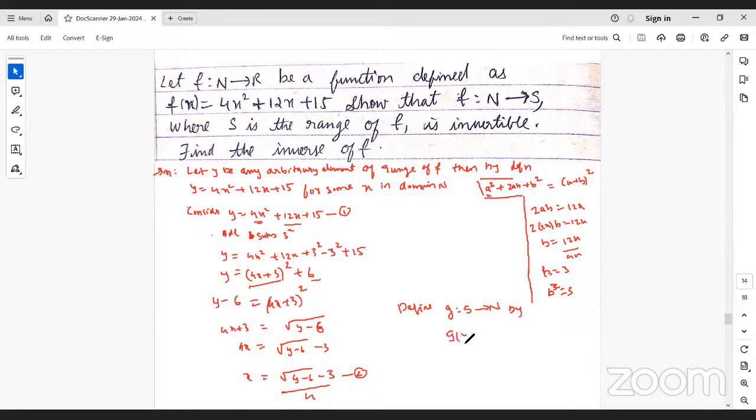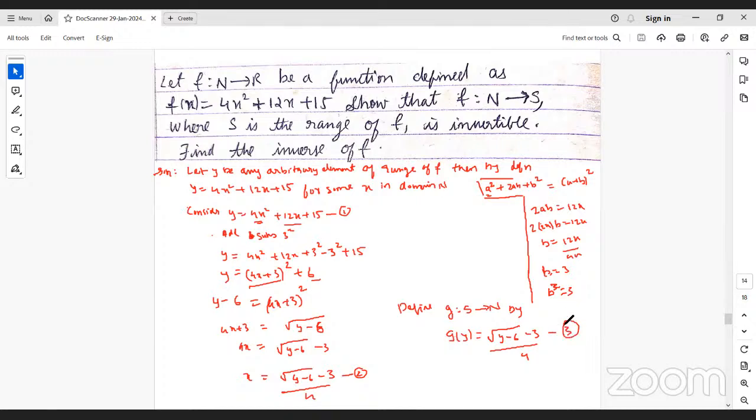So g of y will be equal to root of y minus 6 minus 3 divided by 4. This will be the value of g of y, and this is our equation number 3.